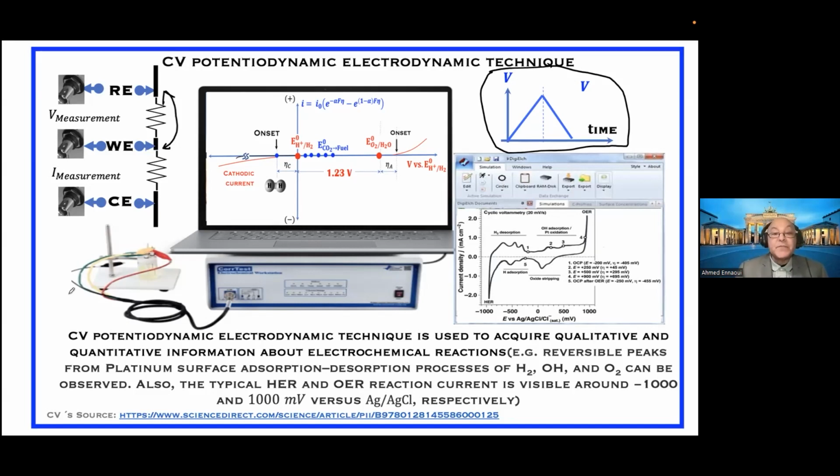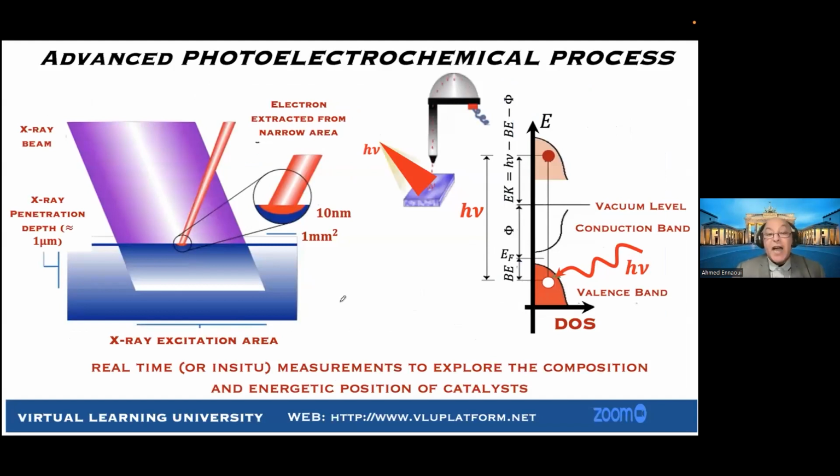Okay. Of course, you can use other methods, like X-ray photoelectron spectroscopy, which you can sometimes even do in situ. For example, after you apply a potential to your electrode, you know exactly what happened at this potential.